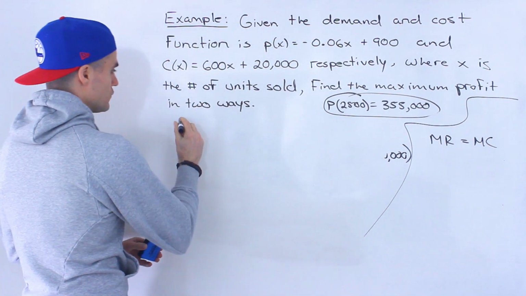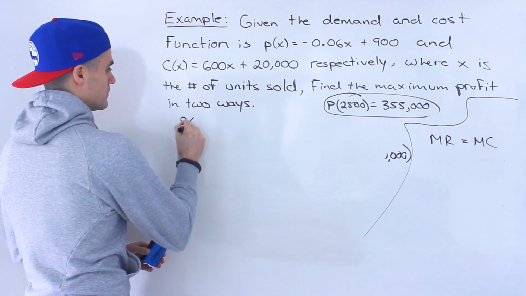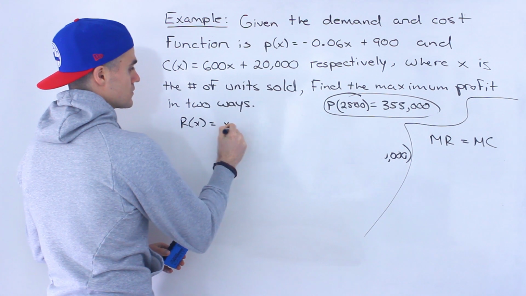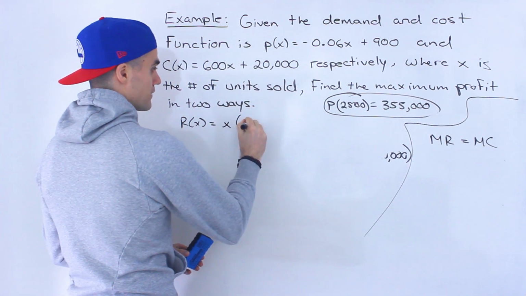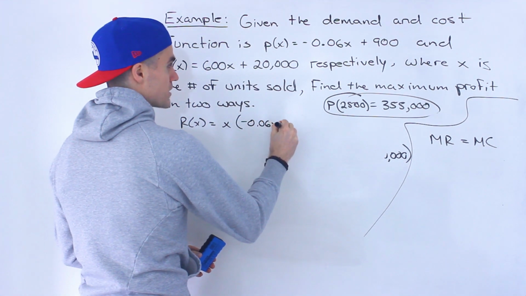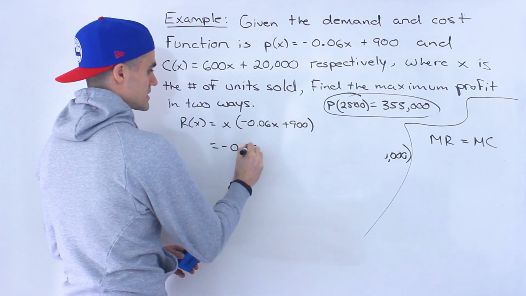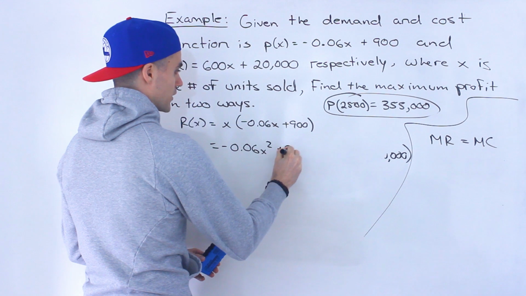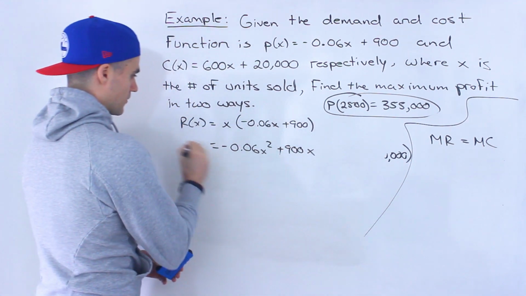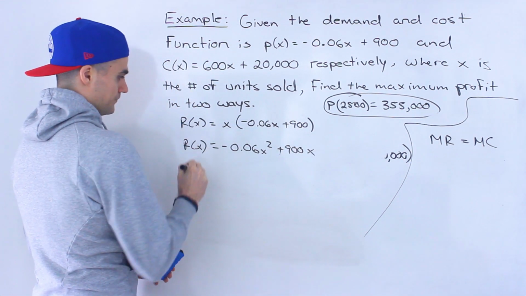So again, the revenue function is equal to the number of units sold times that demand function, or that price function, which gives us negative 0.06x squared plus 900x. Right? So that's the revenue function right there.